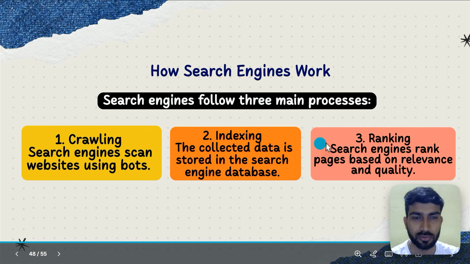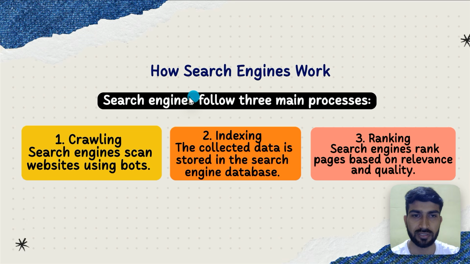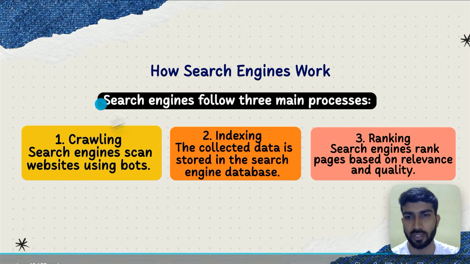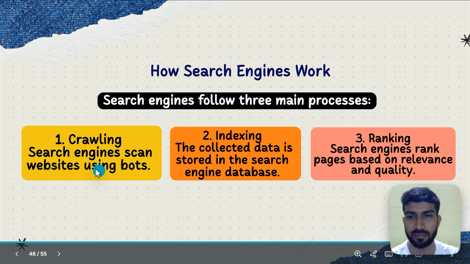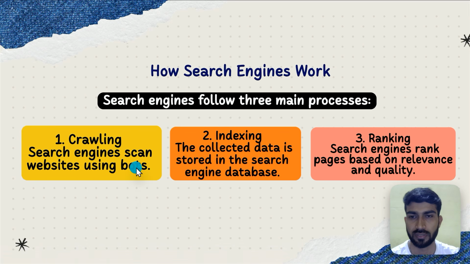So, just before, we searched for blue shoes, and Flipkart was the first result, right? Who decided that Flipkart should be on top, or Meesho should be in second number? Who decided that? It is the Google algorithm. So when we make search queries, Google will crawl all the websites using bots.